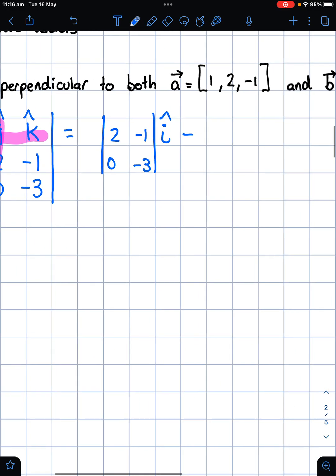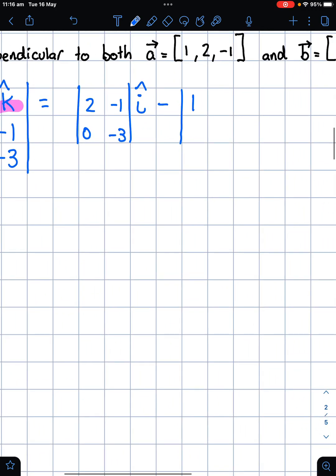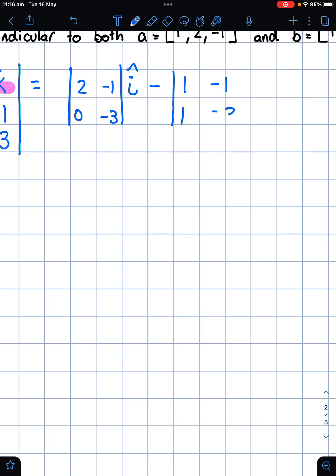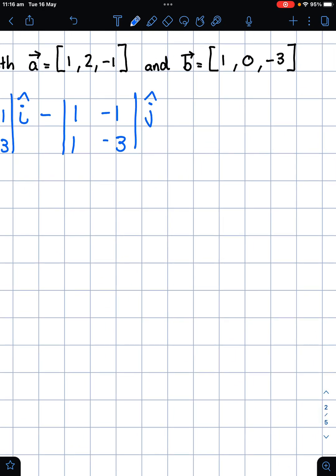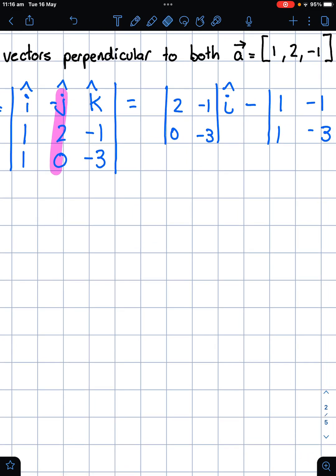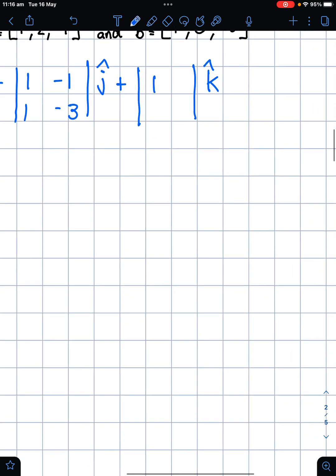Our vector here that we're going to be finding the determinant of is 1, -1, and 1, -3. And this is our J plus K here. And the K vector is going to be, let's highlight this just to double check, 1, 2, 1, 0.